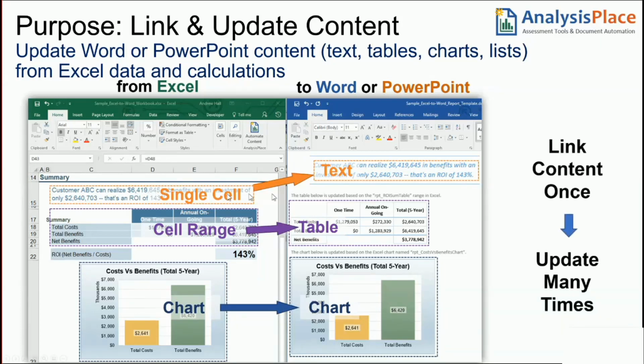So in general, what the add-in does is it links content once in a robust way so it can be shared with others, and then it allows you to update those documents many times after it's initially linked.